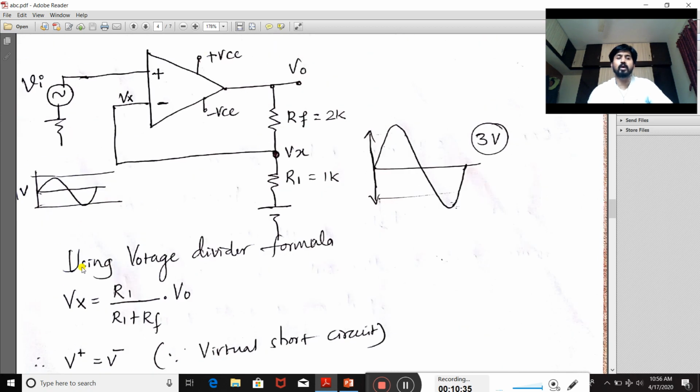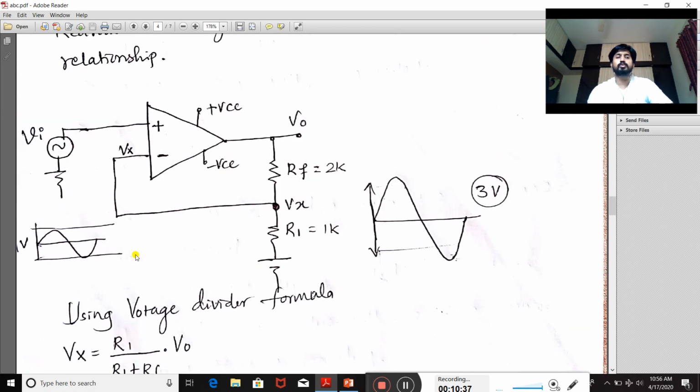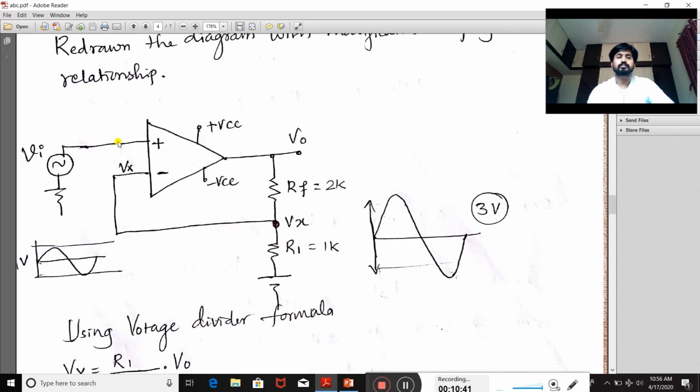Now we have already studied the virtual ground and virtual short concept. So here the source is connected at the positive terminal. At this positive terminal the voltage is Vi. Now the same voltage will appear at Vx also. Hence I can write Vx is equal to Vi.